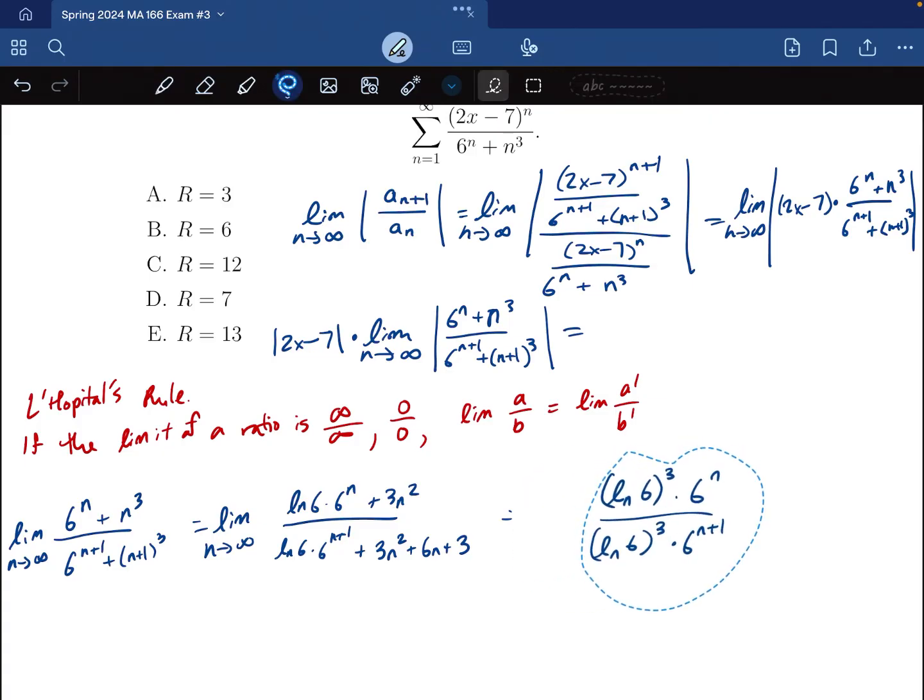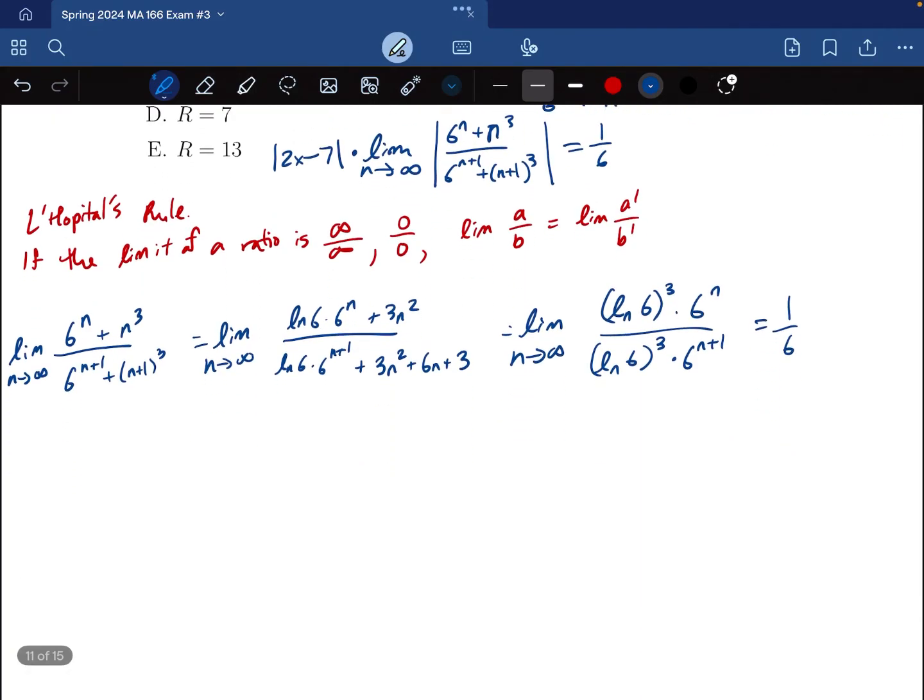And by using L'Hopital's rule and taking the derivative several times, all this polynomial stuff will go away. And ultimately, this evaluates to 1/6. So this is equal to 1/6 over here.